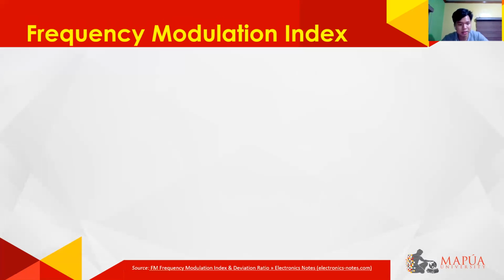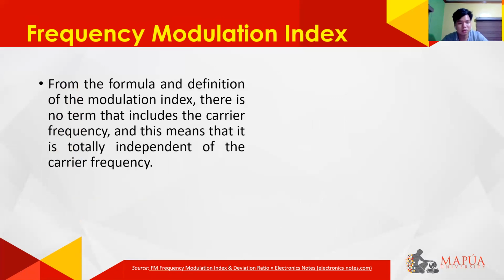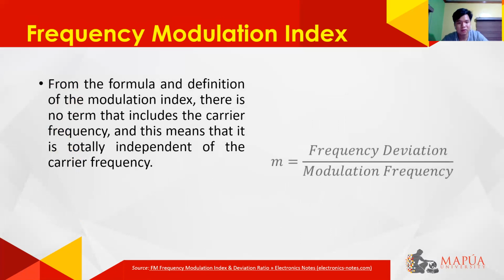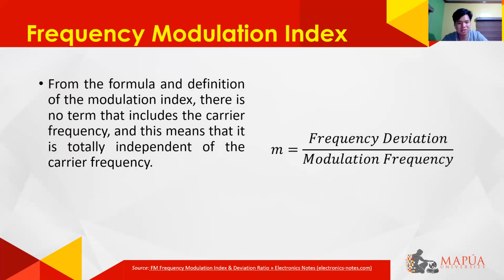Okay, so we are now at the frequency modulation index. From the formula and definition of the modulation index, there is no term that includes the carrier frequency. This means that it is totally independent of the carrier frequency.